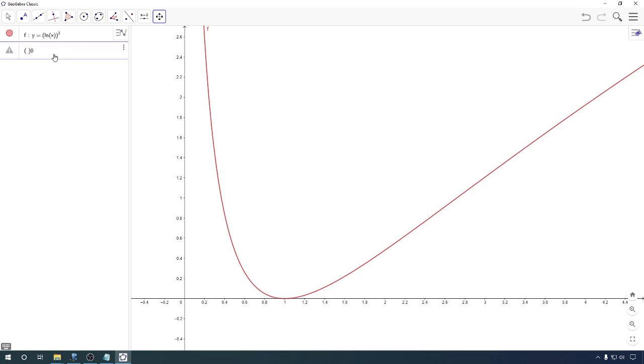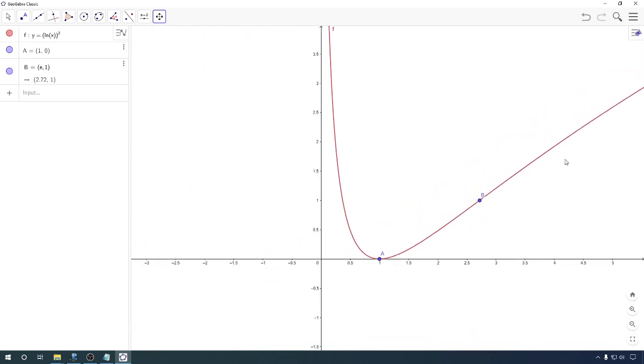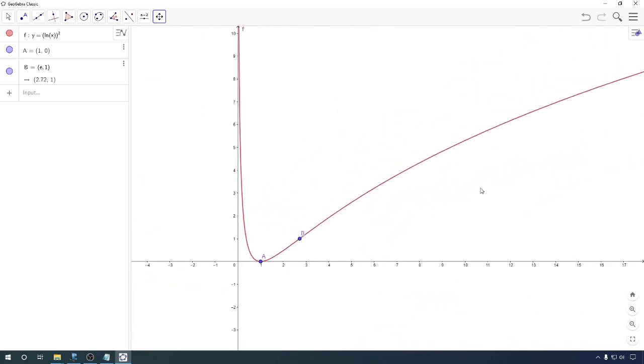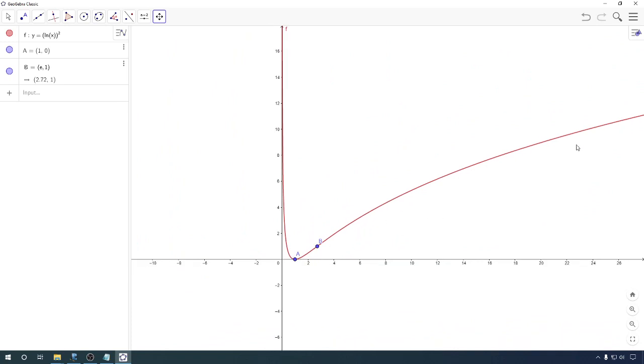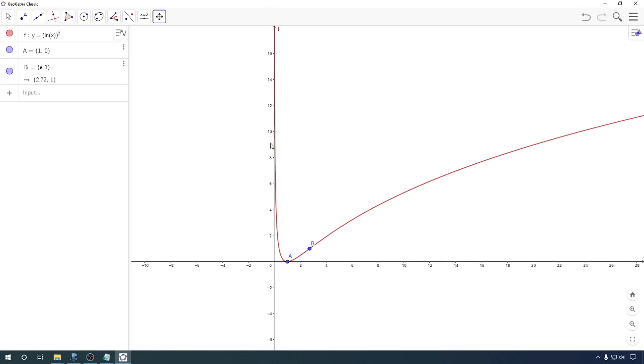Of course, we bottom out at (1, 0), and then we also have the point (e, 1). So maybe it's a little harder to see that we do have an inflection point there, that it was concave up here and it's now concave down there. It's a little bit more subtle when you actually look at it. But you can tell when you zoom out more that it does slow down its increase as we go. And we do have this vertical asymptote at 0.